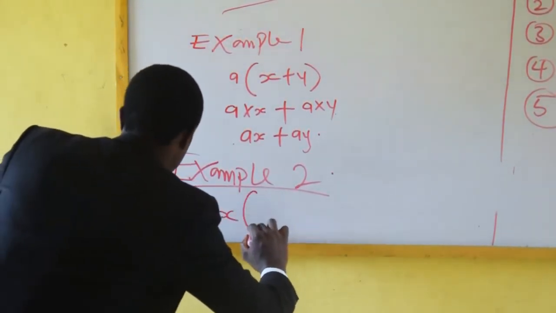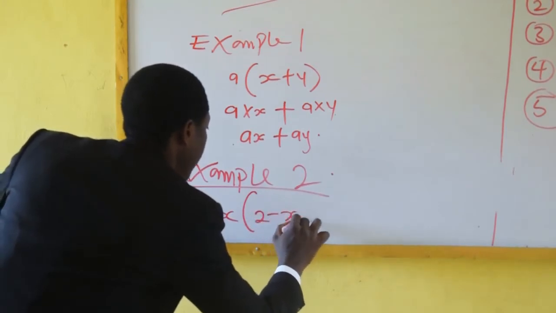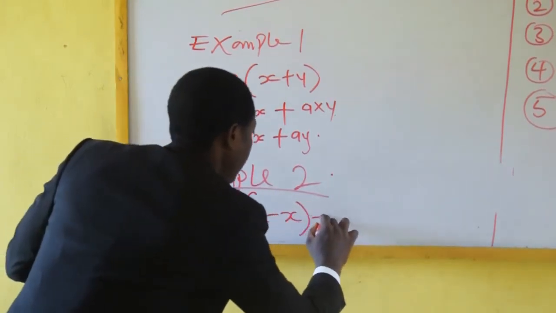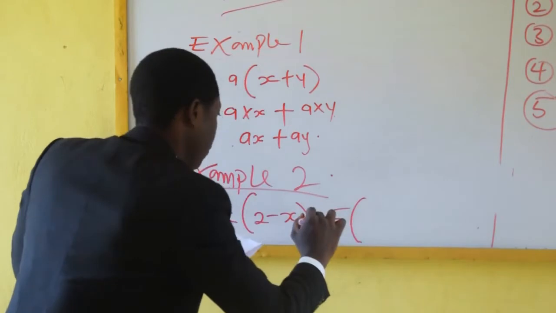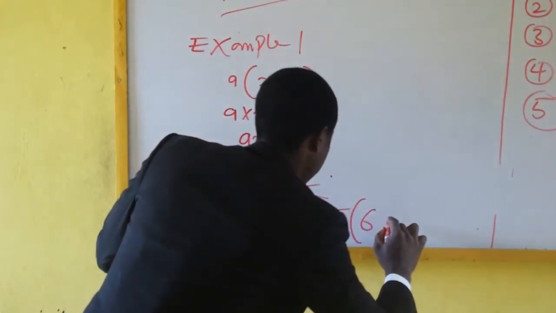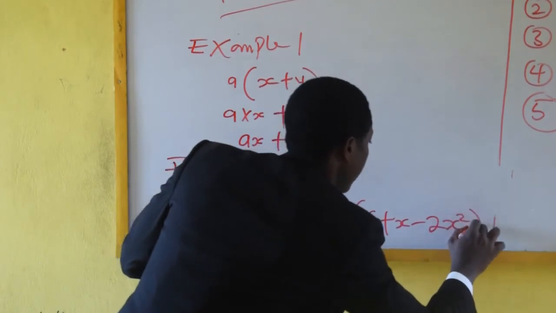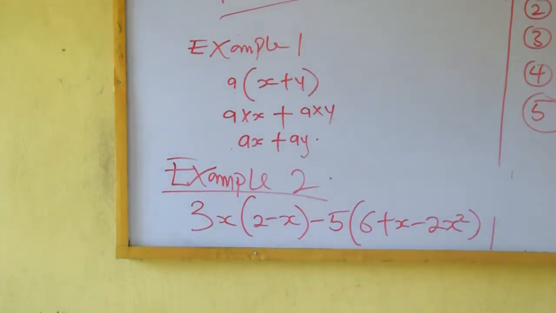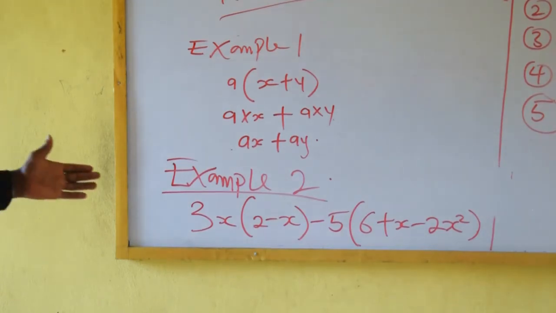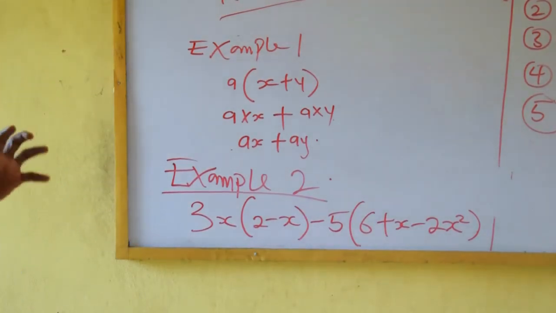3x into bracket 2 minus x, minus 5 into bracket 6 plus x minus 2x squared. Now look at that example. We have 2 brackets there.